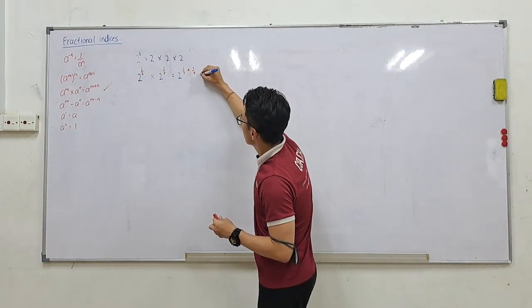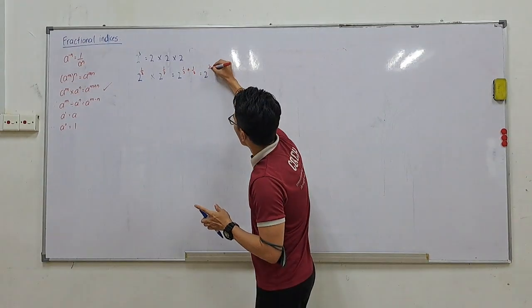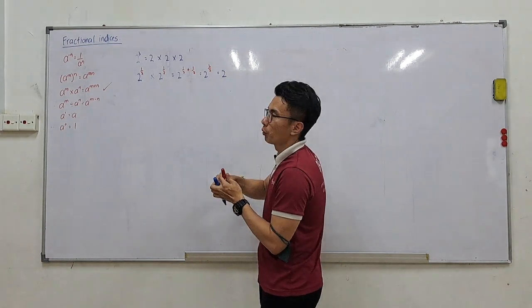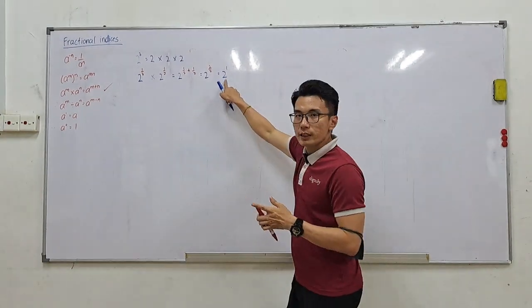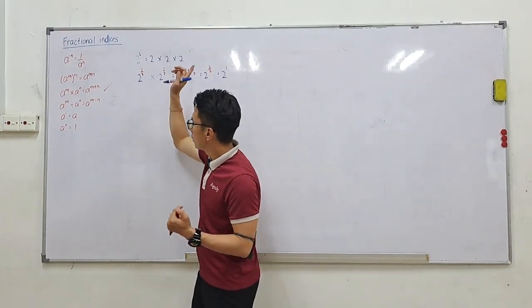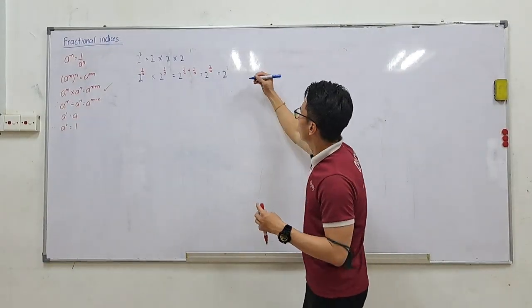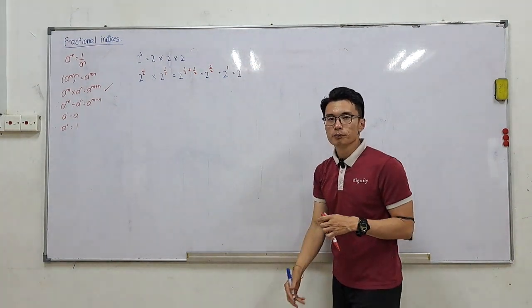That gives me 2 to the power of 2 over 2, which simplifies to 2 to the power of 1. We already understand what 2 to the power of 1 means: any number to the power of 1 gives back the original number, 2.